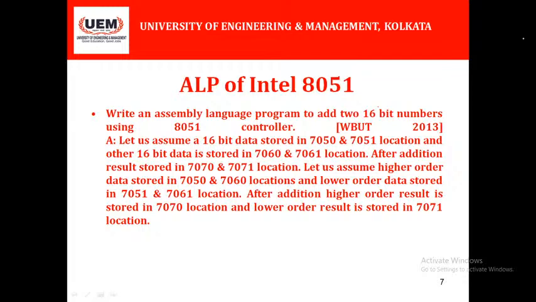Let me assume that the higher order data is stored in 7050 and 7060, and the lower order data in 7051 and 7061. After addition the higher order result is stored in 7070 and the lower order result in 7071.